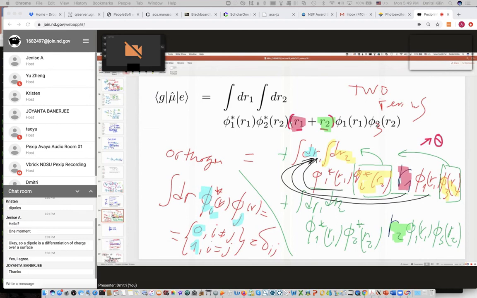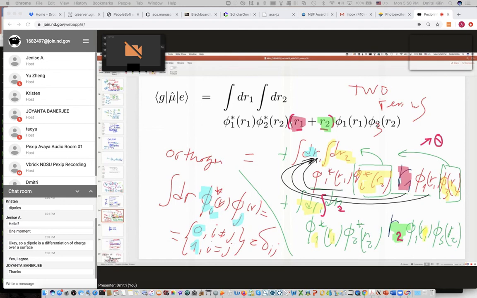Now, let's look at the second term. We again have two integrals over R1 and over R2. I leave the integral over the variable that is inside for later. It's a few technical details, and I perform integration over R1 first. So R1 phi 1, R1 phi 1.